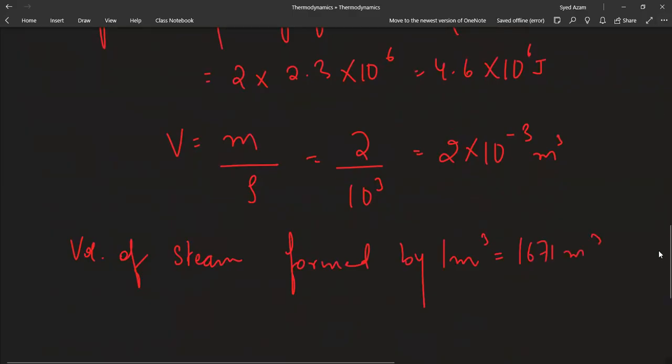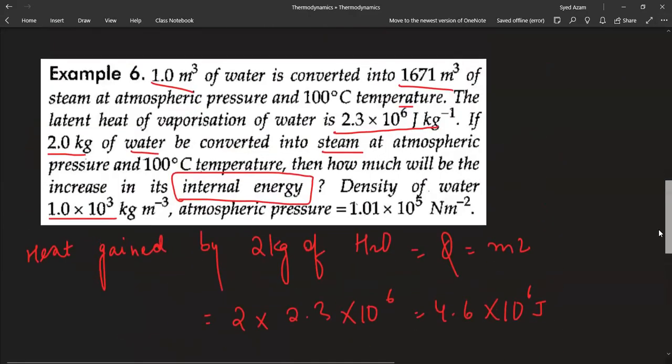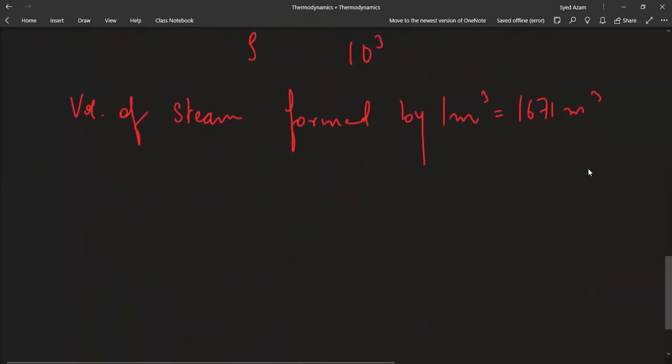This is already given in the question. How much was it? Yeah, 1671 meter cube. So now, if 1 meter cube is forming 1671 meter cube, how much will 2 into 10 to the power minus 3 form?